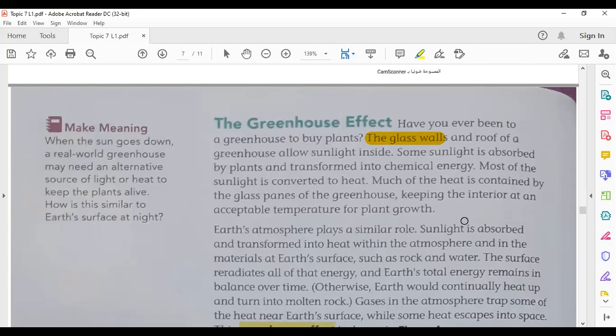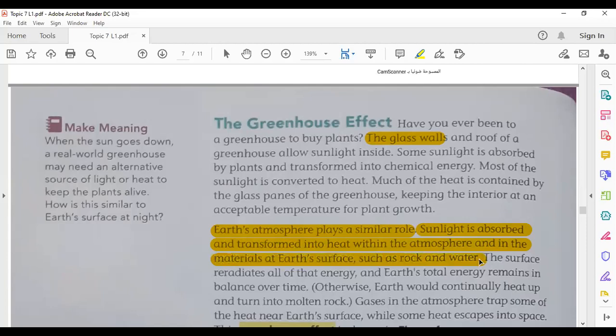Right. This is the greenhouse. What happens inside the greenhouse? The same thing happens in the atmosphere. Earth's atmosphere plays a similar role to the greenhouse. Sunlight is absorbed and transformed into heat within the atmosphere and in the materials at Earth's surface, such as rock and water.